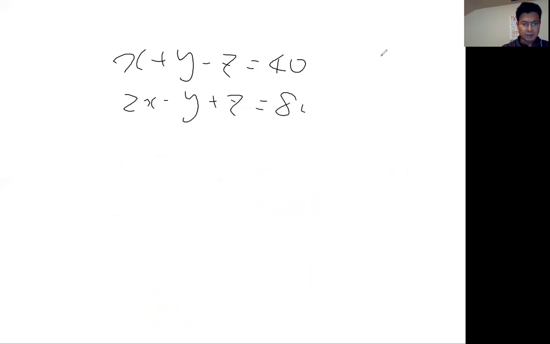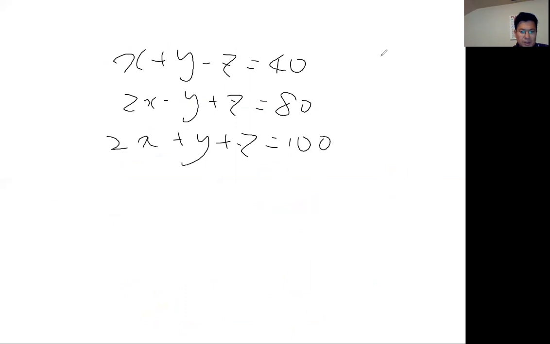Then another variable question: x plus y minus z equals 40, 2x minus y minus z equals 80, 2x plus y plus z equals 100.